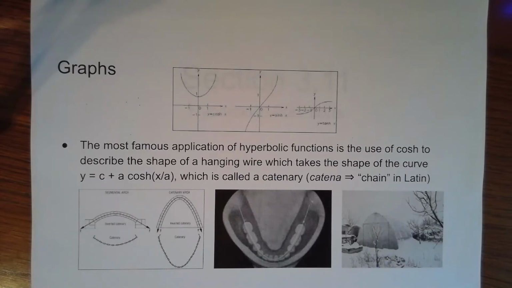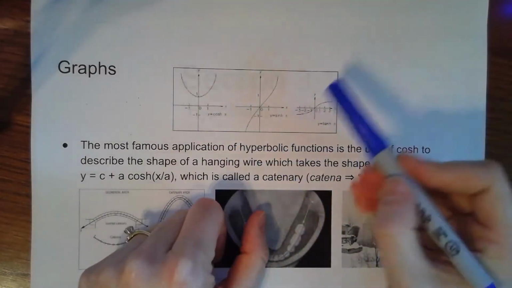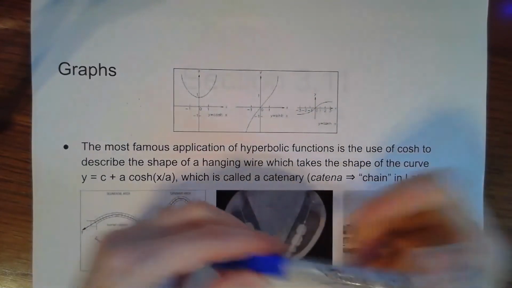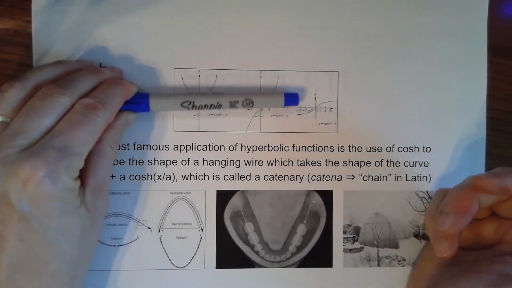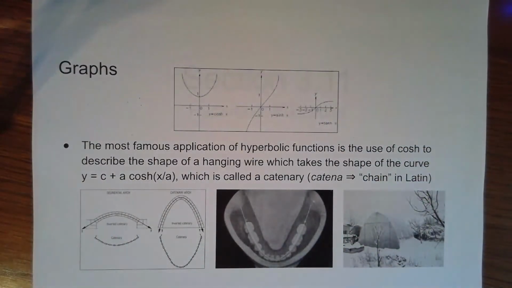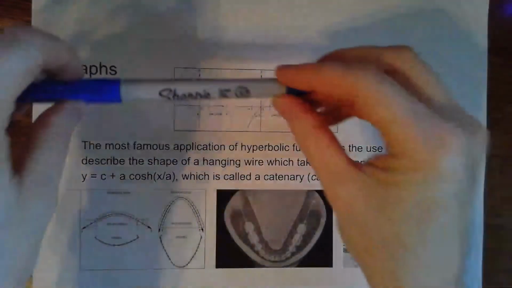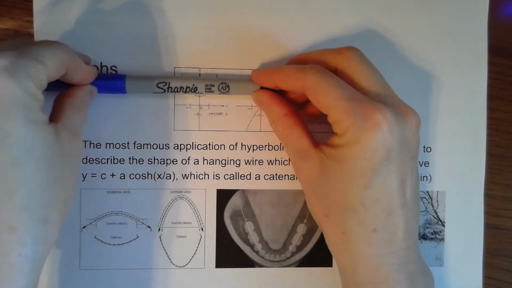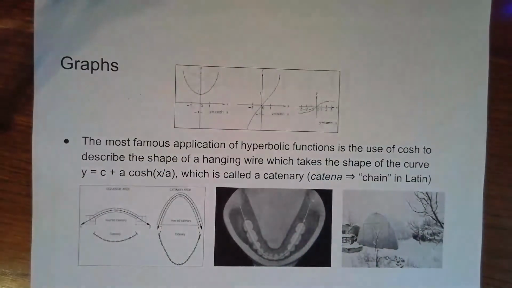Notice that the hyperbolic sine and the hyperbolic tangent both pass the horizontal line test. So those are both one-to-one functions and pretty clearly have inverses because they're one-to-one. However, the hyperbolic cosine fails the horizontal line test.